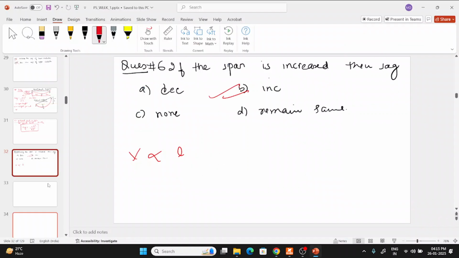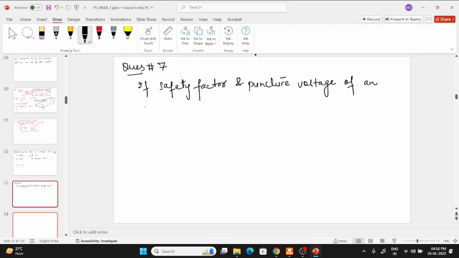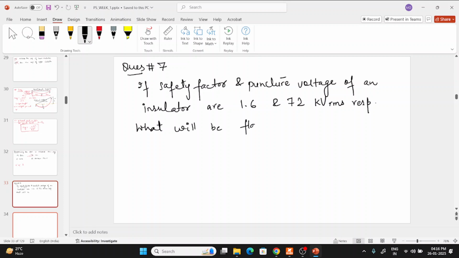Now, next question, question number 7. If the safety factor and the puncture voltage of an insulator are 1.6 and 72 kV RMS respectively, what will be the flashover voltage?